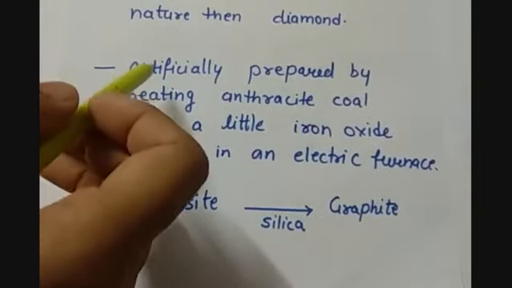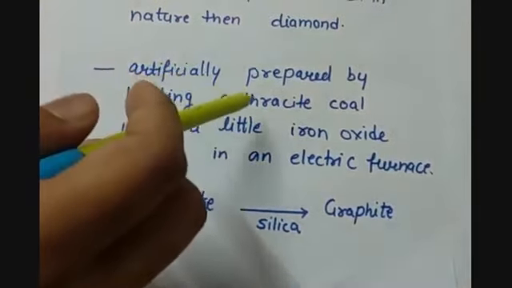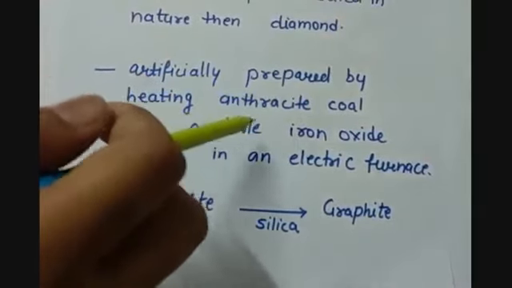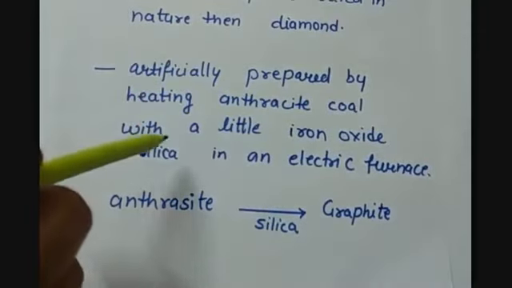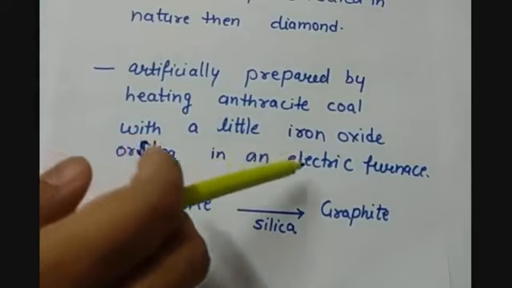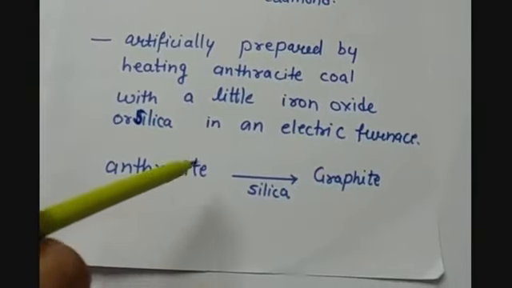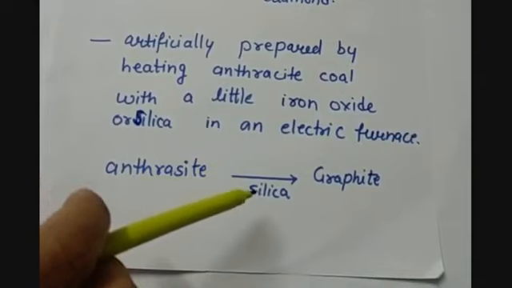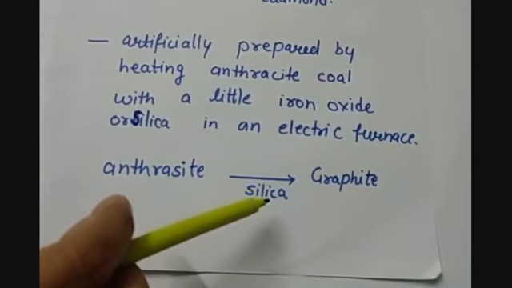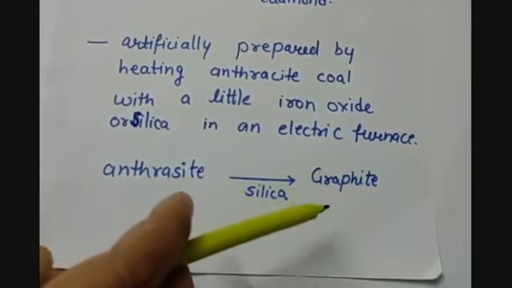Graphite is artificially prepared by heating anthracite coal with a little iron oxide or silica as a catalyst in an electric furnace. So anthracite coal, when heated in the presence of either iron oxide or silica as a catalyst, turns into graphite.